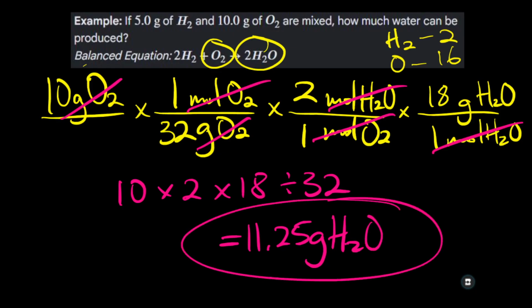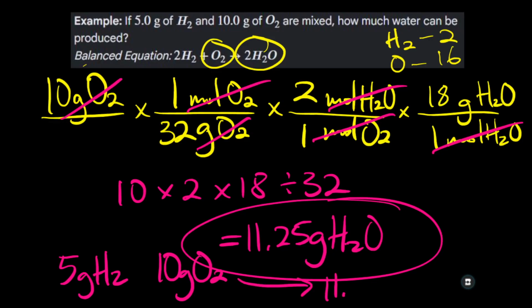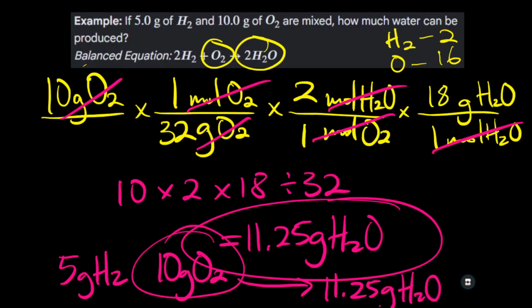So basically what we just did is we found out that given 5 grams of hydrogen gas and 10 grams of oxygen gas, we are only able to make 11.25 grams of water because we're going to run out of oxygen, even though we have leftover hydrogen gas. Oxygen is our limiting reactant.